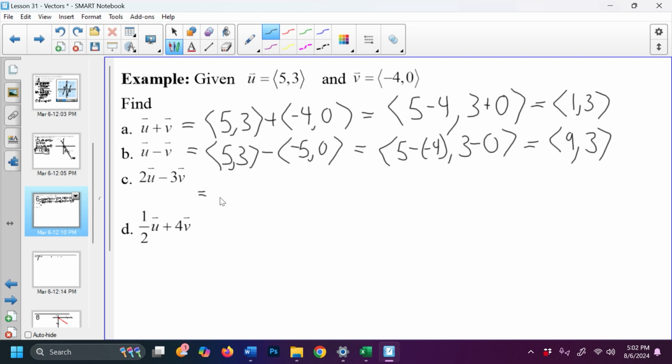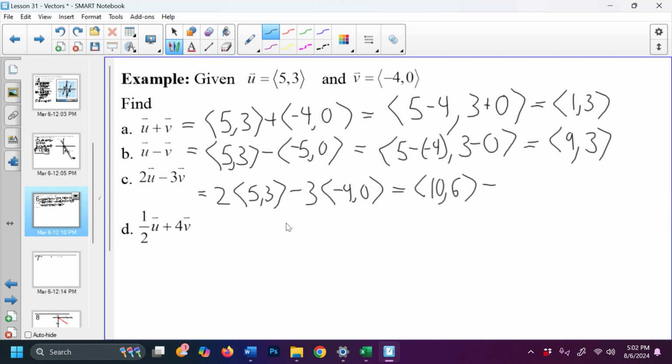Alright, if I want to do 2 vector u minus 3 vector v, I'm going to rewrite that as 2 as a scalar multiple times the 5, 3, and then I will subtract that from 3 times the vector v, which was negative 4, 0. And so scalar multiple says that I just multiply the number out front times each of the components. So 2 times 5 will be 10. 2 times 3 will be 6.